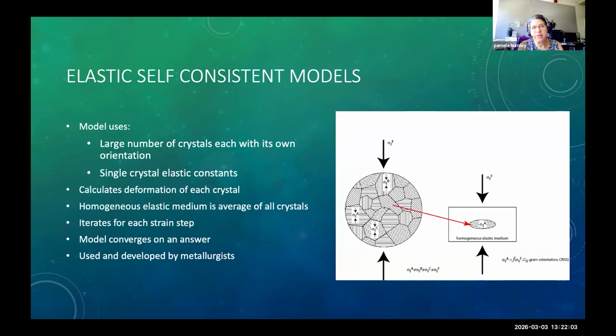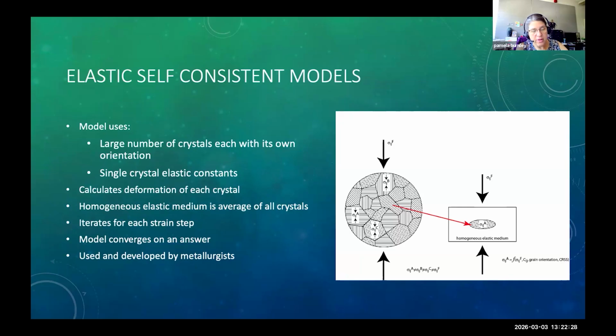But this time we have some opinion about the homogeneous elastic medium and what it's doing. So you take your first crystal and you put it in the homogeneous elastic medium and you use Eshelby's equations and you solve the stress and strain for the inclusion. And it's really different than the first time because you didn't know anything the first time. But so you say, okay, well, that's better.